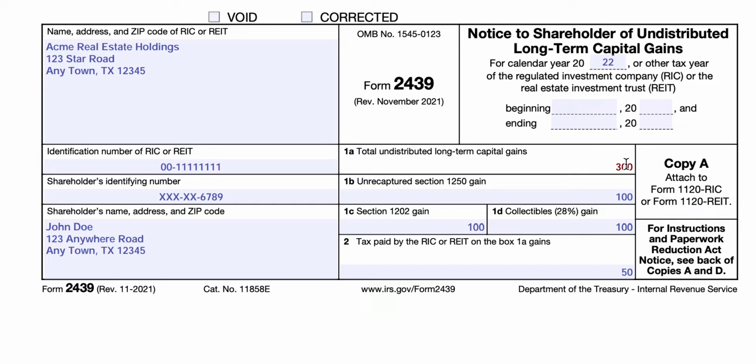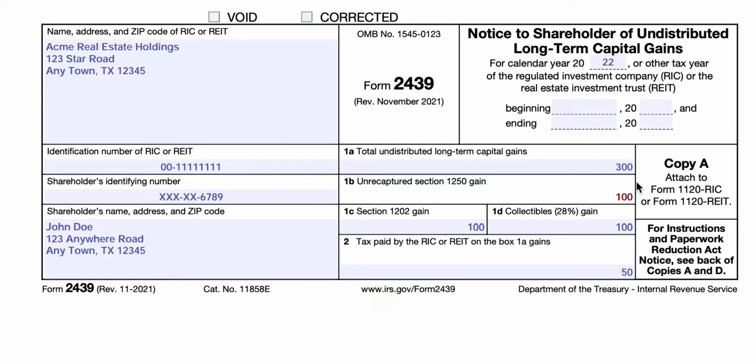And then if there are amounts in either Box 1B, 1C, or 1D, they have different tax treatments, so we'll go over those fairly briefly. In Box 1B, this is unrecaptured Section 1250 gain. So this likely would be reported by a REIT, as it has to do with Section 1250 property, which is rental real estate.